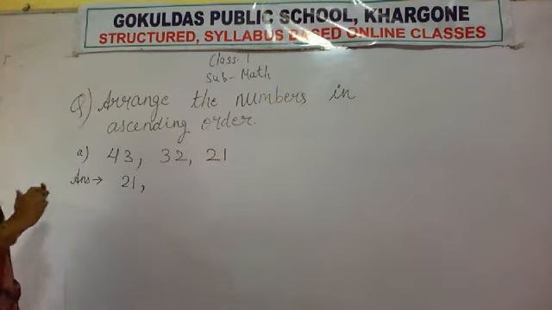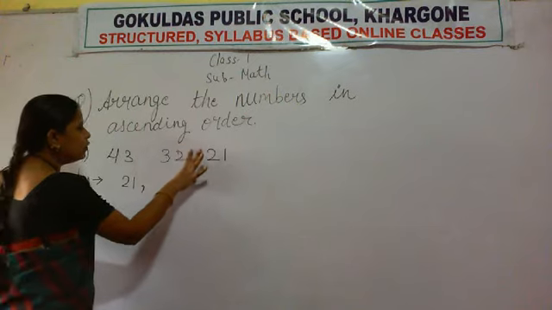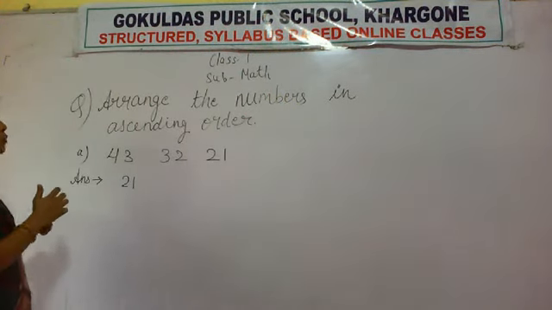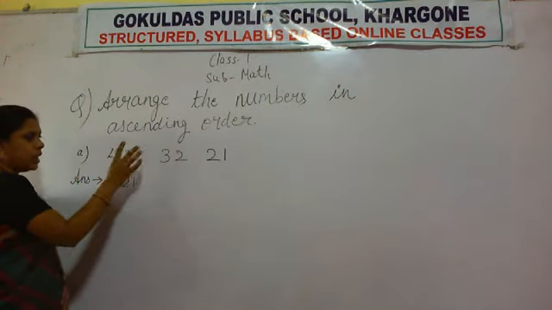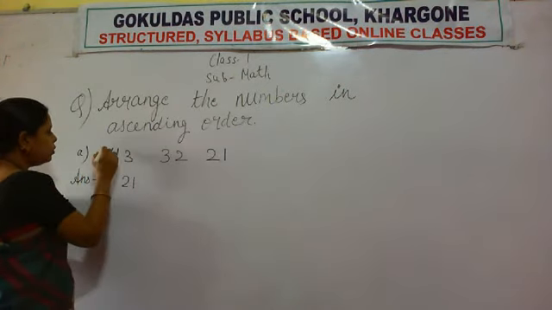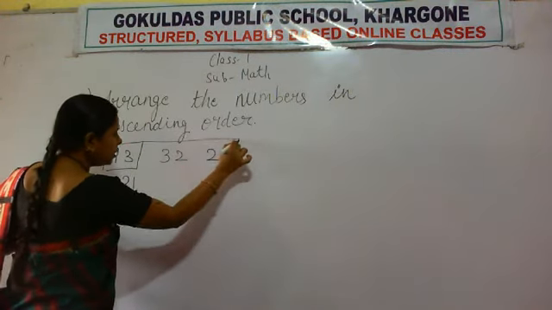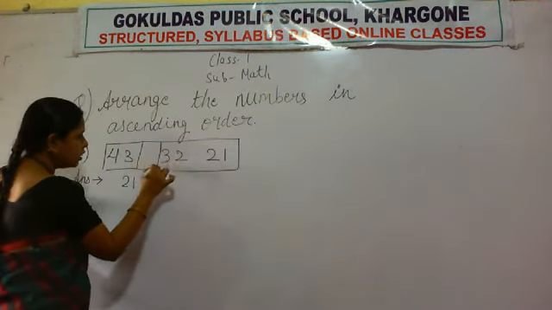No need to put a comma. What you will do? You will leave one box. Write 43, then leave one box, then write 32. In this way, you have to do that.